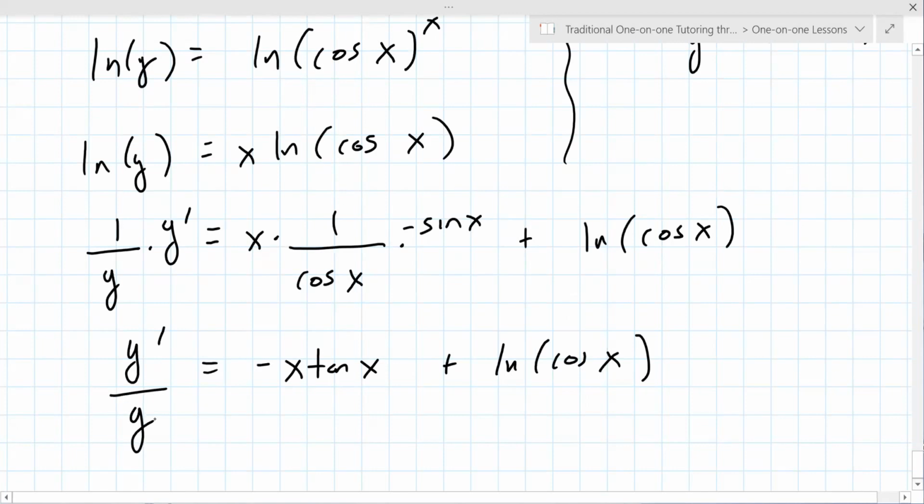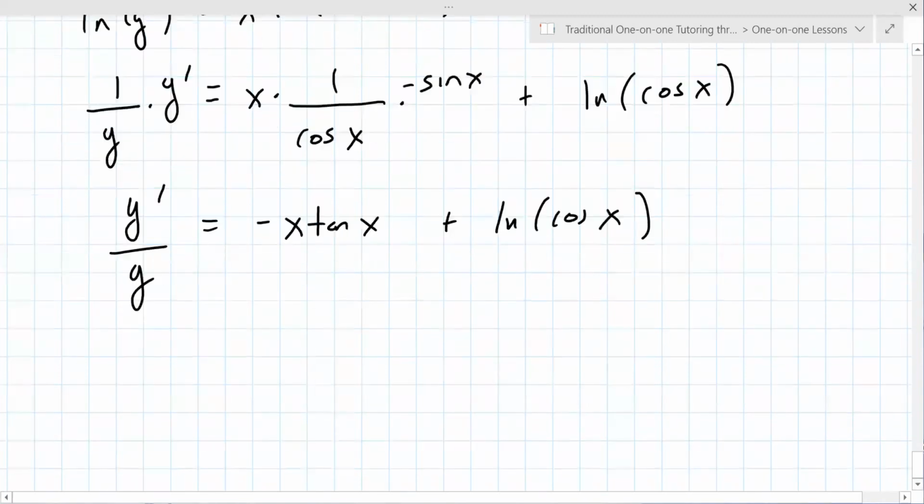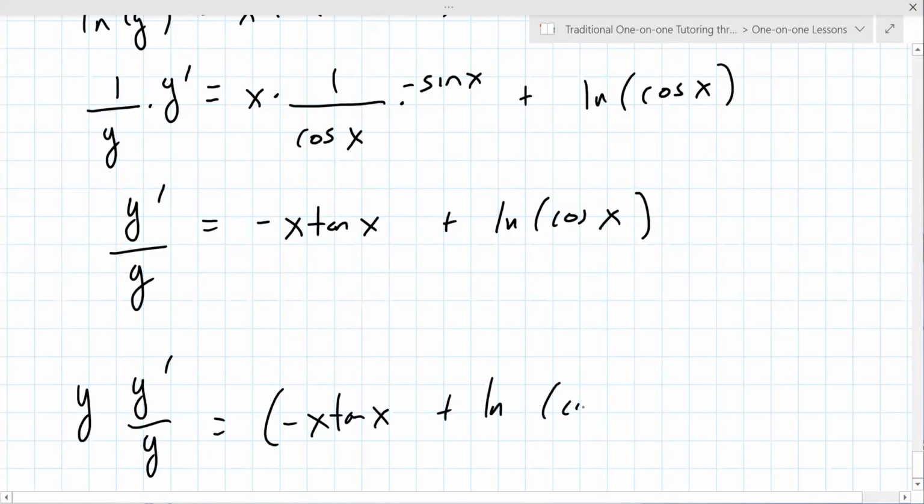Now in all of these problems, it's almost always a product rule. It's almost always that you multiply both sides by y. So you clear the y on both sides of the equation by multiplying by y. And that's your last step here. And then you just substitute the y for the original function.